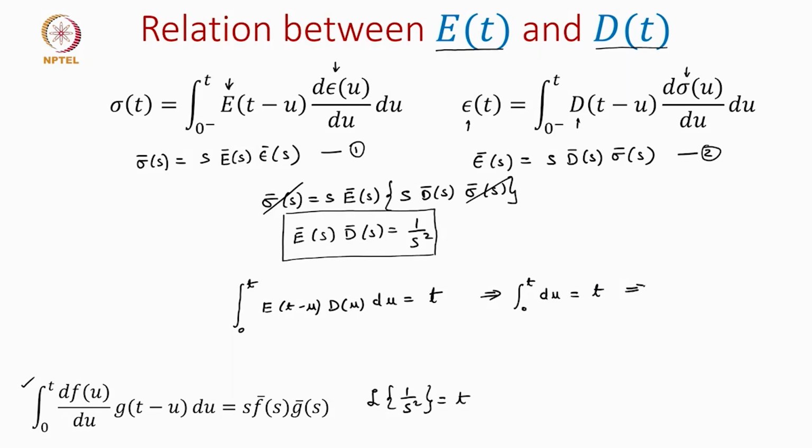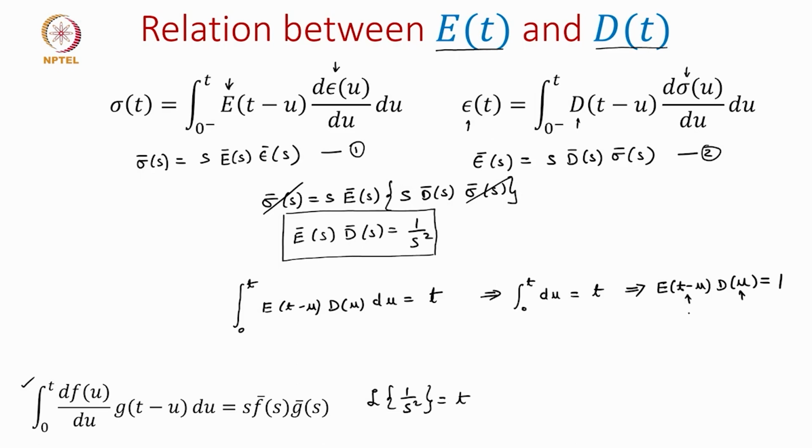It simply implies that this product E of t minus u times D of u equals 1, right. So now we are talking about the product of the relaxation modulus E and the creep compliance D, but the difference is that the function arguments are not the same. For one we have t minus u and for the other function we have u.